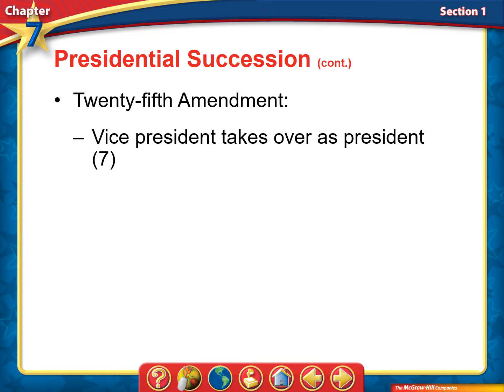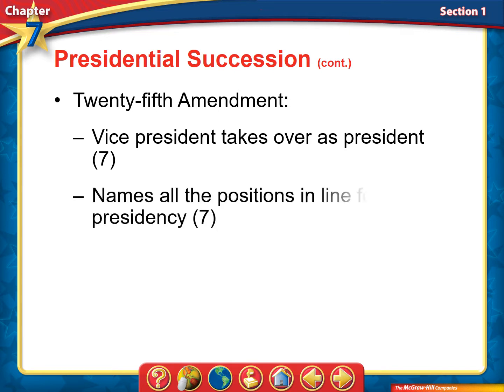And granted, Reagan was only under for a matter of hours. But we still have to have a leader, even in that matter of hours. And this also names all the positions in line for presidency. So if you so desire, you can look up the 25th Amendment and go all the way down the list until you finally find that freshman congressman.